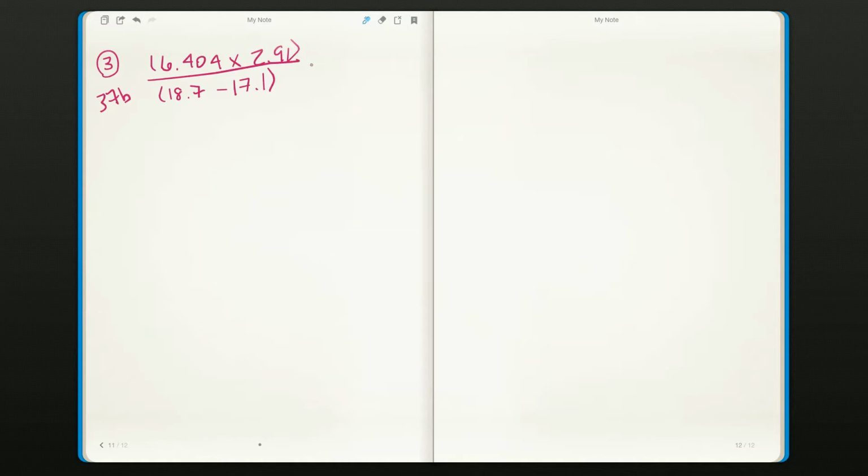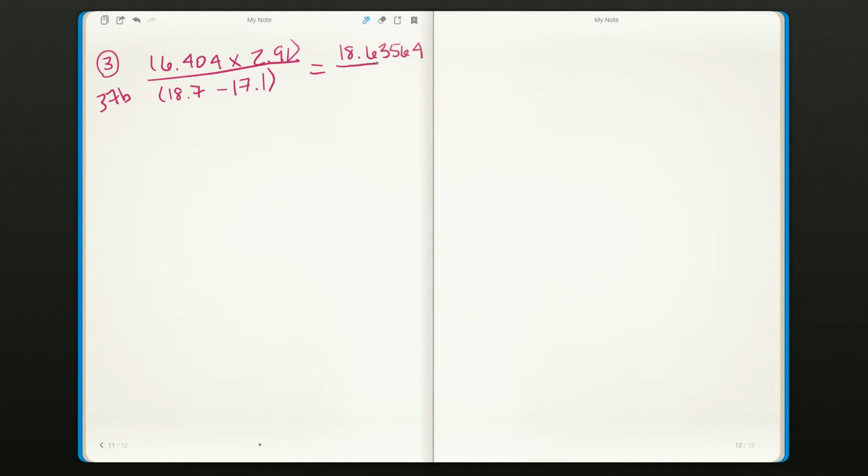Okay. So when we do a problem like this where we're having multiple types of math that we're doing, you follow the rules just like you would in math, the order of operations. So the first thing you would do is the multiplication. So we're going to write our answer, but we're going to keep all of the decimal places for now. So 18.63564.